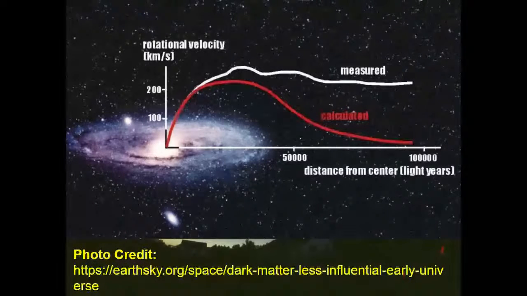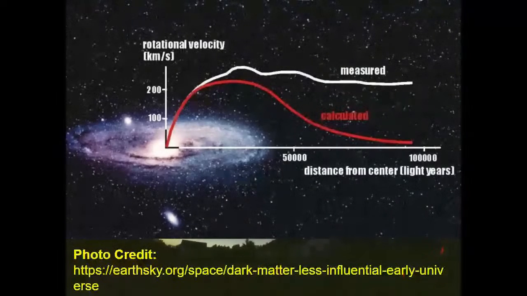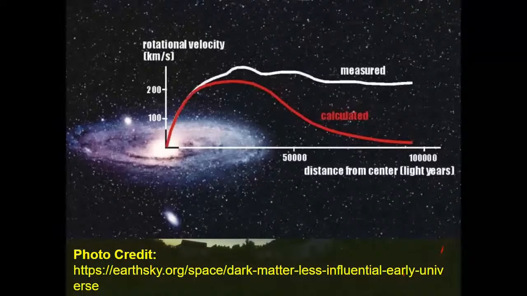If the stars and the gaseous matter that we see using a telescope end here, then we would have expected the rotational velocities of the neutral hydrogen clouds outside the galaxy to follow 1 over square root of distance.